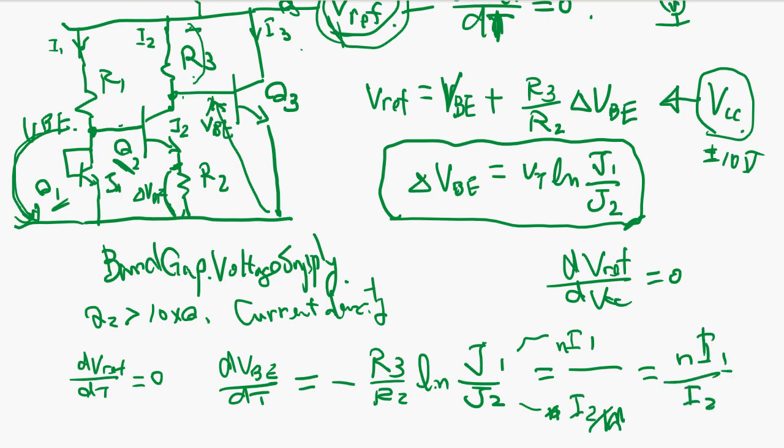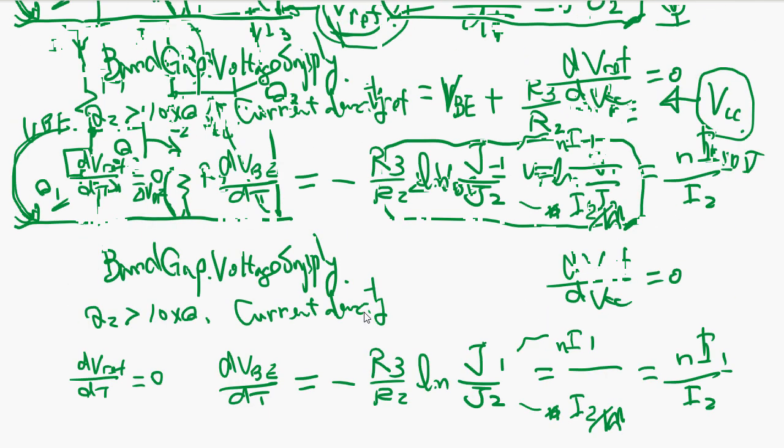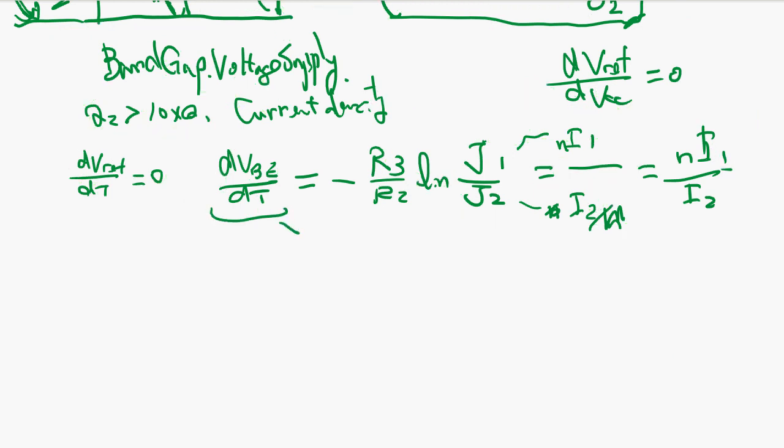Okay. So this we know is going to be about minus 2 millivolt per degree. So this I1 over I2, we make I1 and I2 the same.